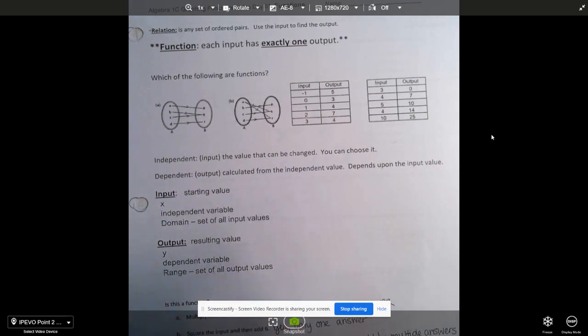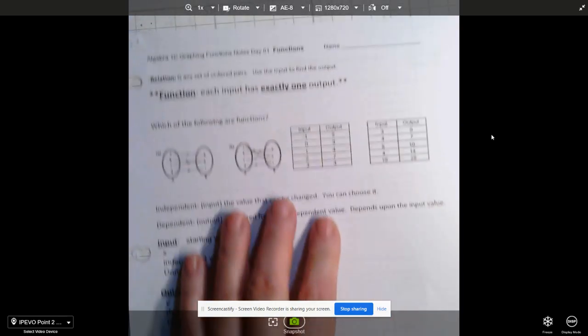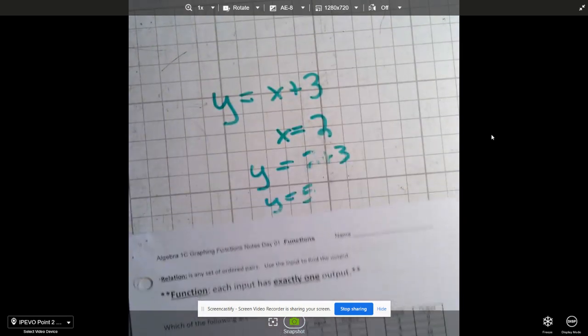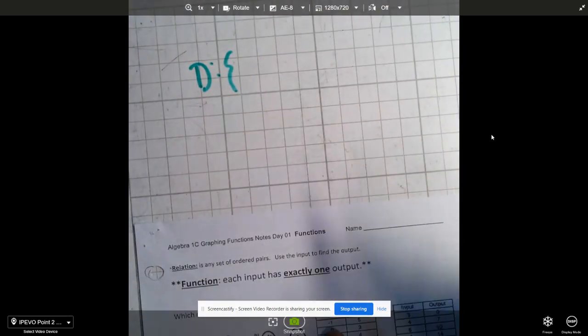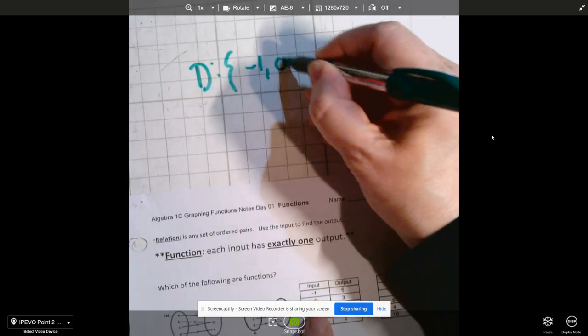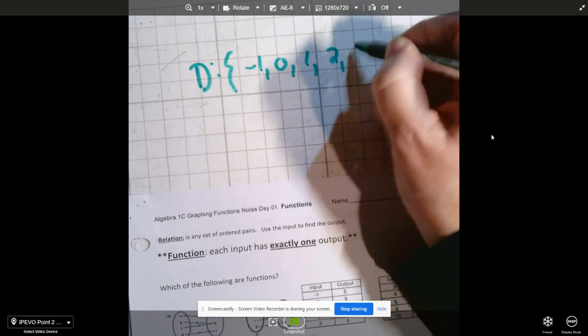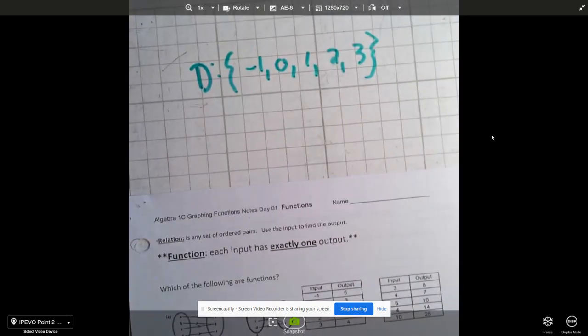So for instance, if I wanted to list my domain and range for this particular function here, I would say my domain is -1, 0, 1, 2, 3. That would be my domain.